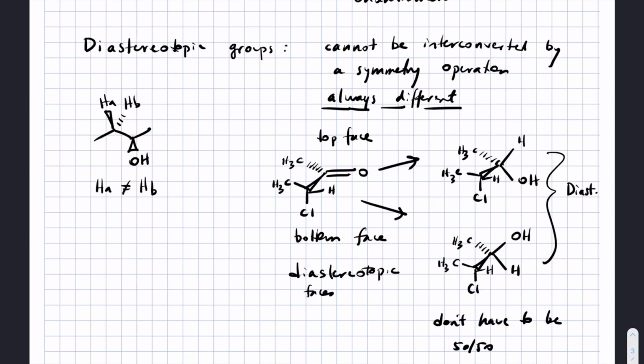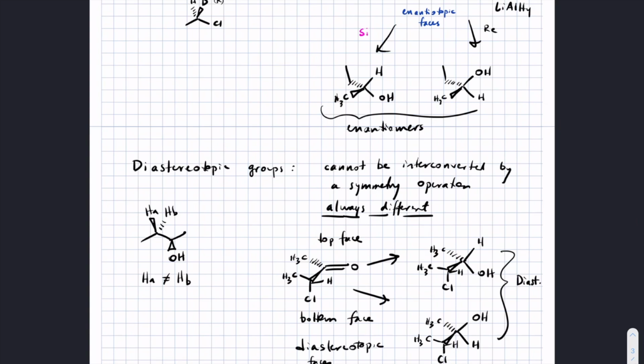All right? So why is this important? Controlling reaction stereochemistry is an important part of synthetic organic chemistry. And this sort of talking about these issues lets you know what the key strategies are going to be.